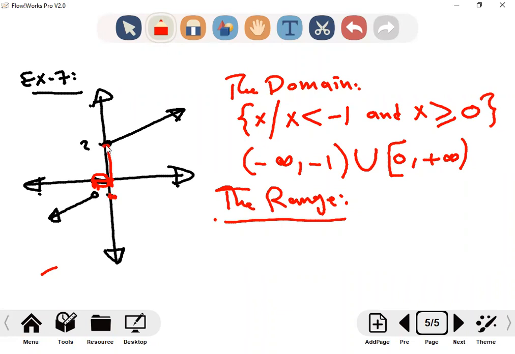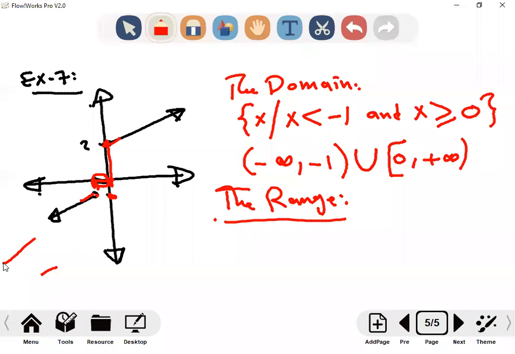From -1 to 2, do we have any part of the line? This is down here, and this is up. Here there is none, right? It means there are no values from -1 to 2. The values start from 2 up, and from -1 down.